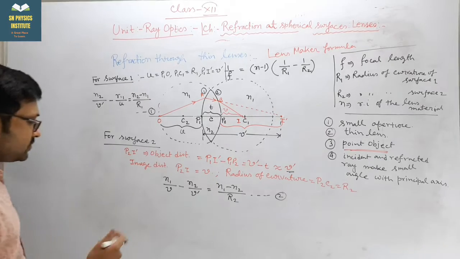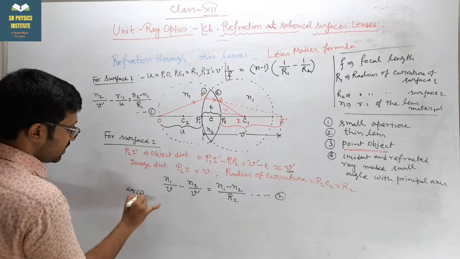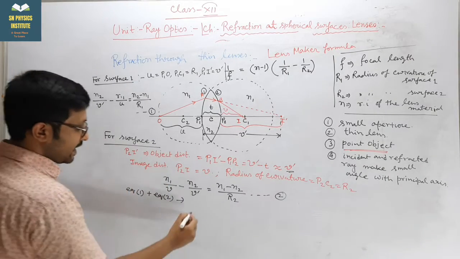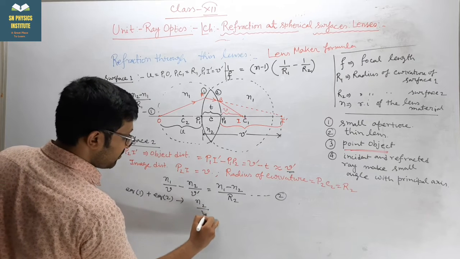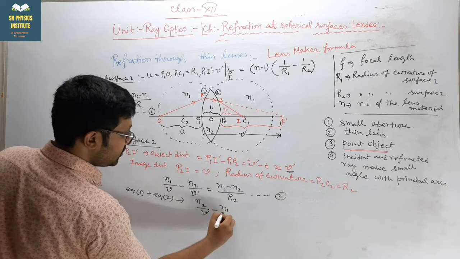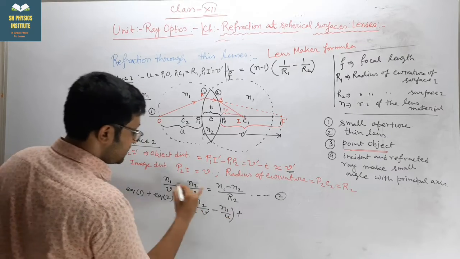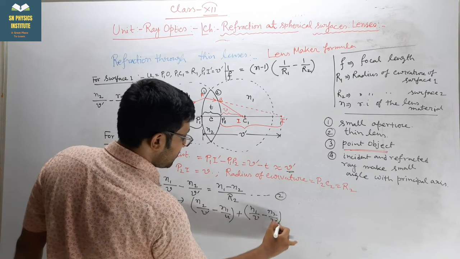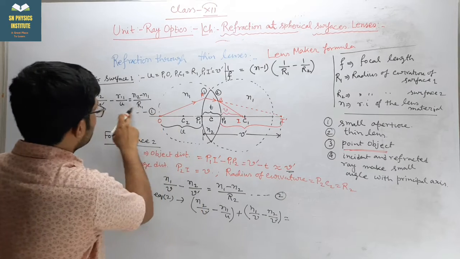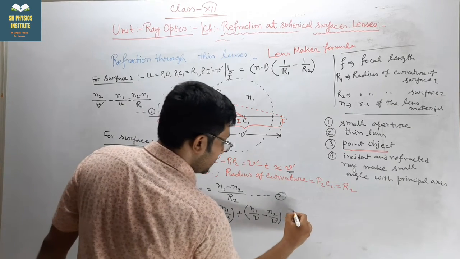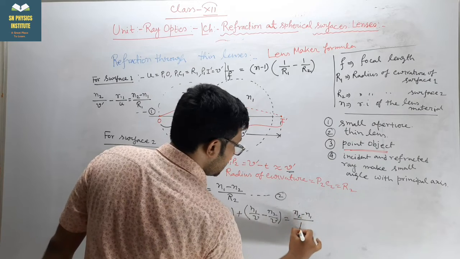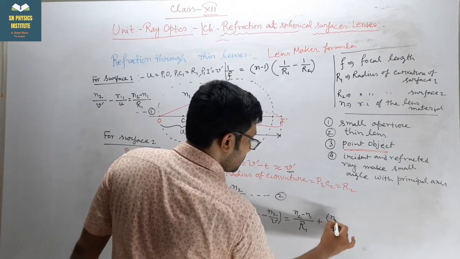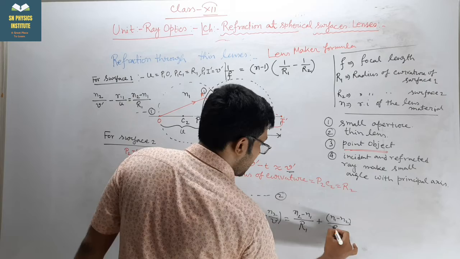So if you add equation 1 plus equation 2, what are you getting? n2 by v prime minus n1 by u plus n1 by v minus n2 by v prime is equal to n2 minus n1 by R1 plus n1 minus n2 divided by R2.